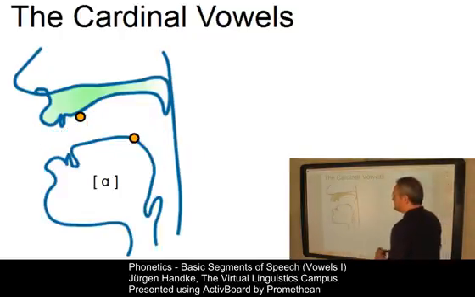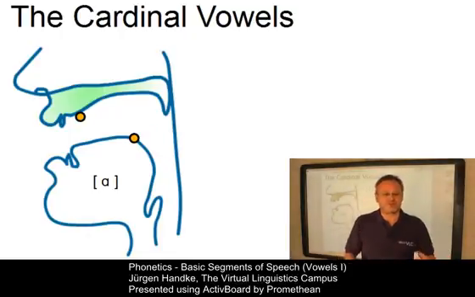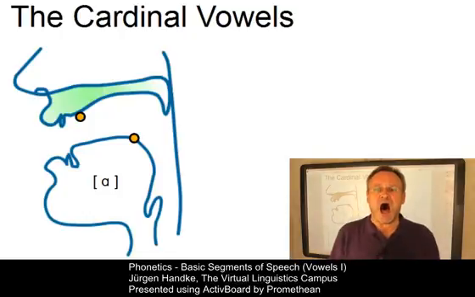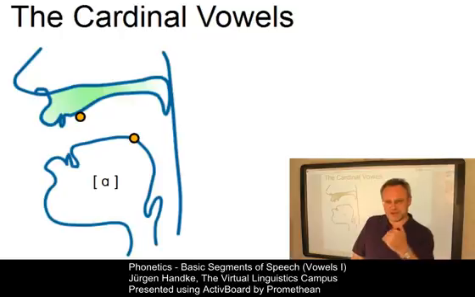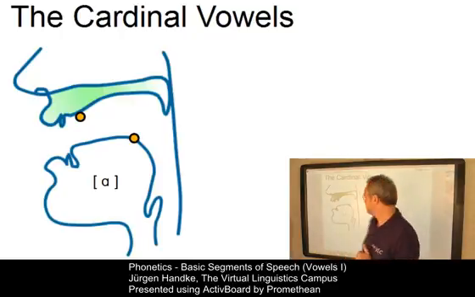It is a vowel which involves the lowest possible tongue position, that is, you have to open your mouth, and the most back quality. The vowel would be something like this: A. So now my tongue is back and low in the mouth.